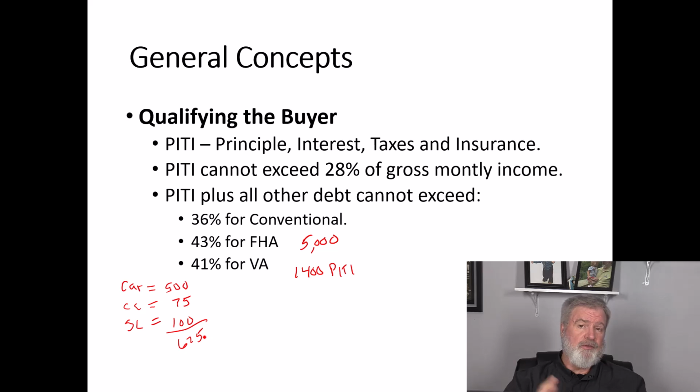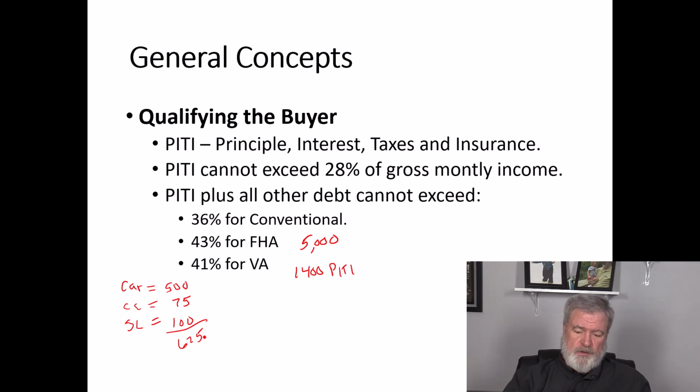FHA, let's look at that because I will tell you FHA is probably the most common. So if you take the 5,000 times the 43%, that's $2,150. Okay? So you're allowed to pay up to $2,150 in house payment with an FHA loan, assuming your income is $5,000 a month.